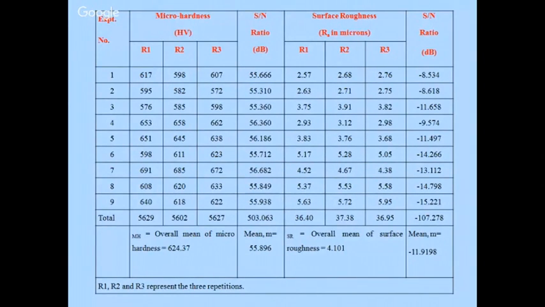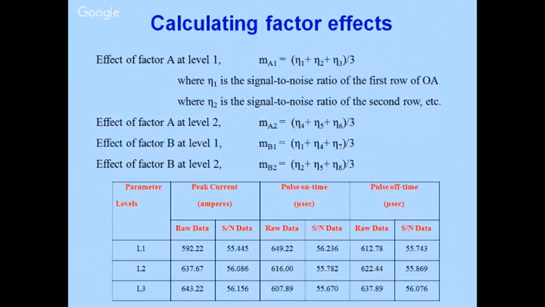Now, what I need to calculate first, if you recall when we were discussing those steps in the Taguchi methodology, now we will quantify the effect of each factor at each level. So this is very simple. How do we do it?